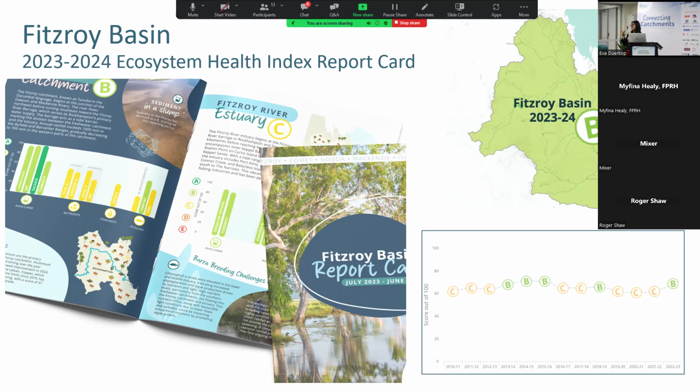Report cards actually reflect resilience of a system. And it usually is associated with rainfall, of course, because why? Rainfall carries with it what we put on our catchment. So whatever we put on land, it will make its way to the waterways. It will be reflected in a report card grade.